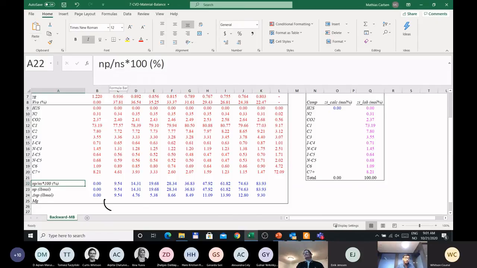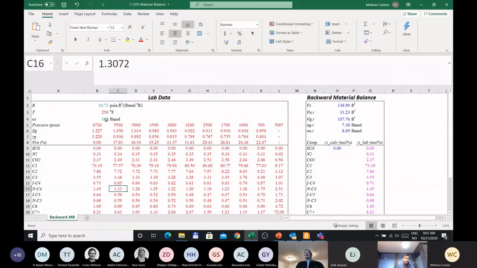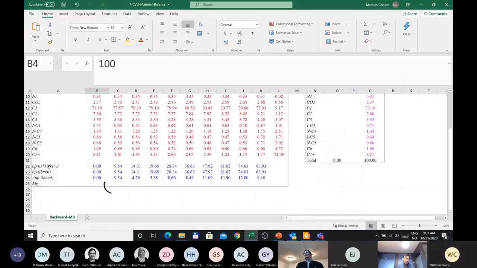So the basis for these moles that are produced is the initial moles. So if we say that there are 100 moles initially, then we can just simply take this data as the number of moles produced in the CVD experiment.